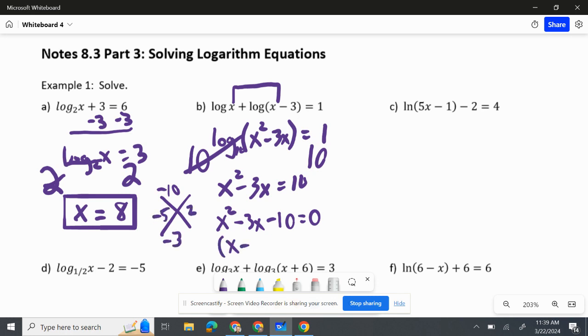So that would be x minus 5 and x plus 2. So my two x values would be 5 and negative 2. The problem is that when we plug a negative back into our equation, there's no such thing as a negative log. So the negative 2 actually doesn't work. Our only answer is going to be 5.